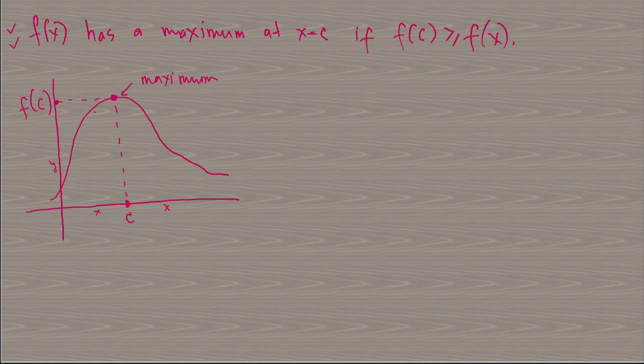So in other words, f of c is the highest point among all other f of x, and point c is the abscissa of this point, which is the maximum. That is the illustration of the maximum. Just remember that if a function has a maximum, it means that it has a highest point.